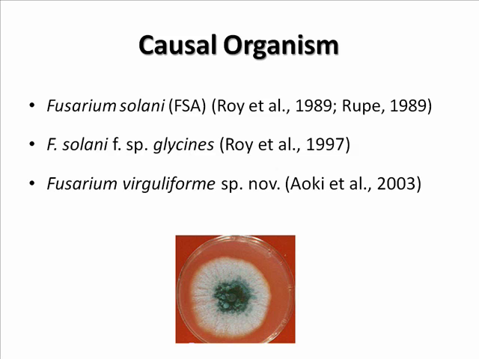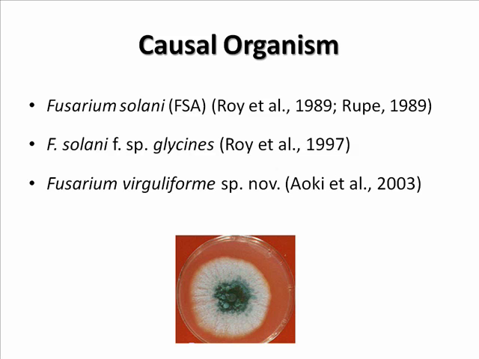SDS is caused by the causal organism Fusarium solani, and this was termed by Roy in 1989 and Roop in 1989 as well. Roy and Roop are two major pathologists who work at the University of Arkansas. They determine the nomenclature once they determine what the disease is through a process called Koch's postulates.